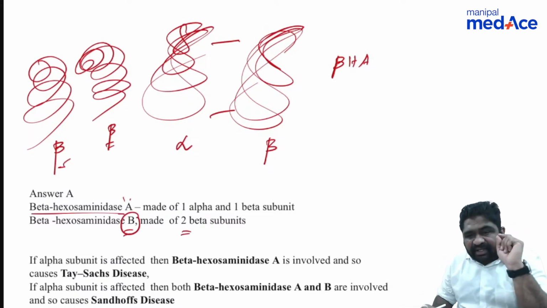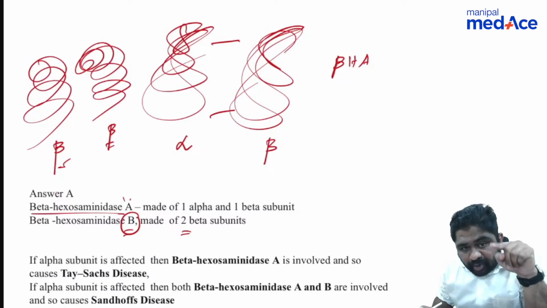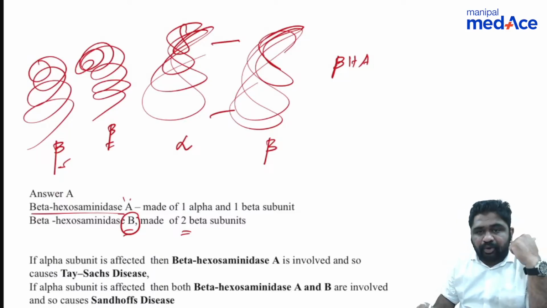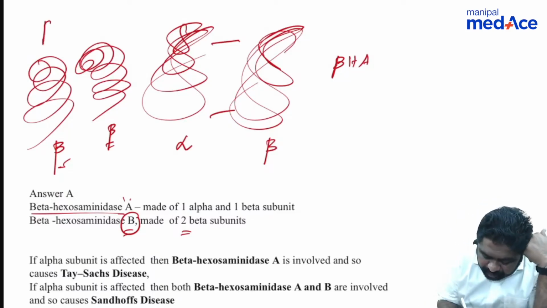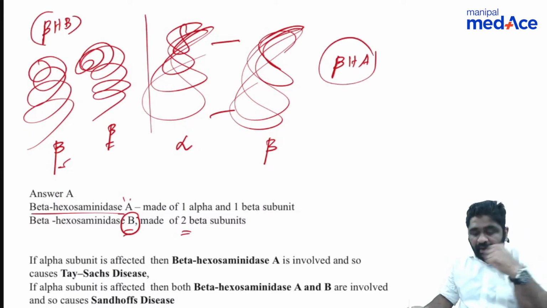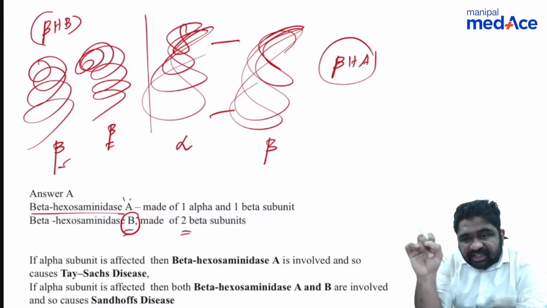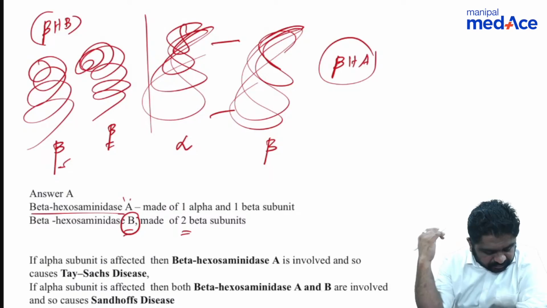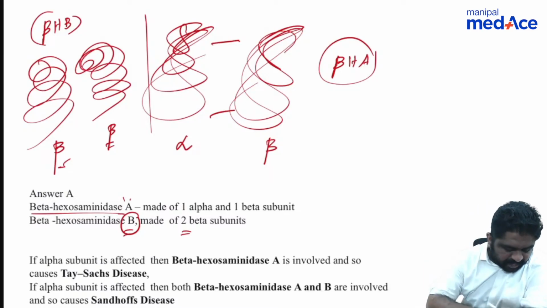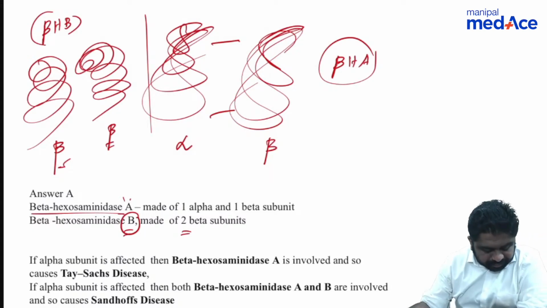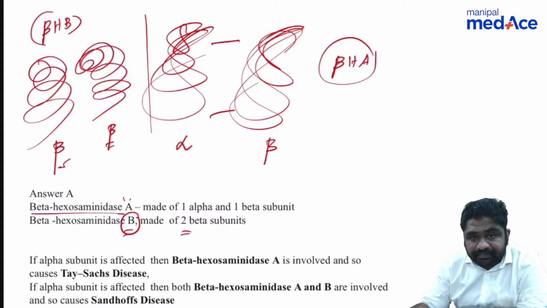Now, whenever a patient has a mutation affecting the alpha subunit, you tell me which one will be affected. This is beta hexosaminidase B. This is beta hexosaminidase A. If the mutation affects the alpha subunit, which enzyme will be affected, A or B? No, seizures can be seen in most of the sphingolipidoses, but they are more pronounced in Sandhoff and Tay-Sachs disease, Prem Kumar.